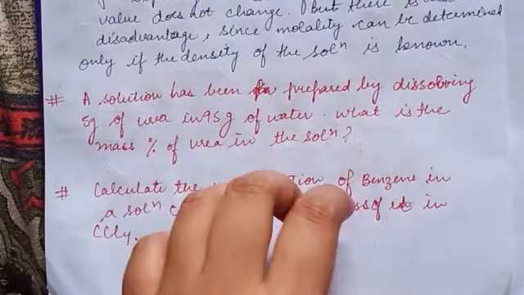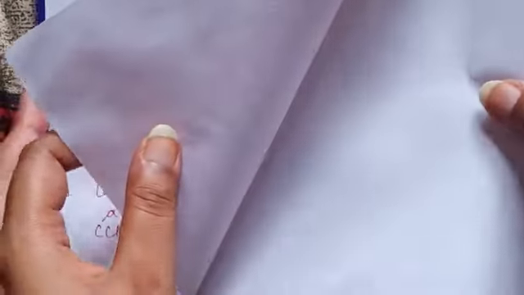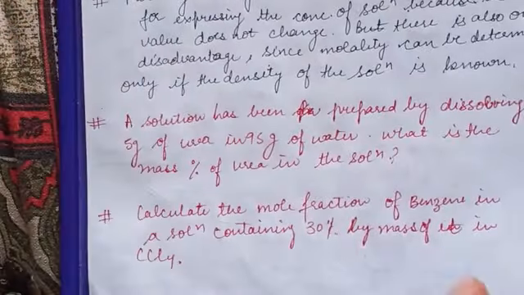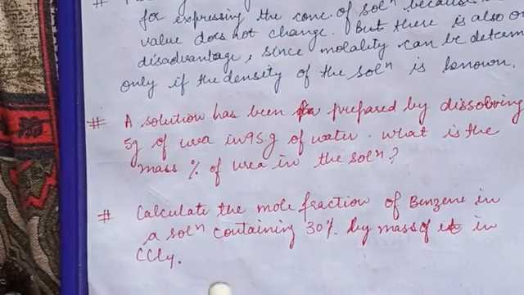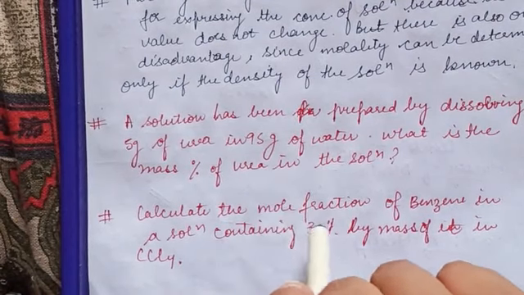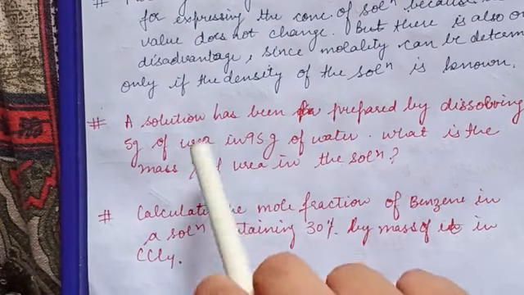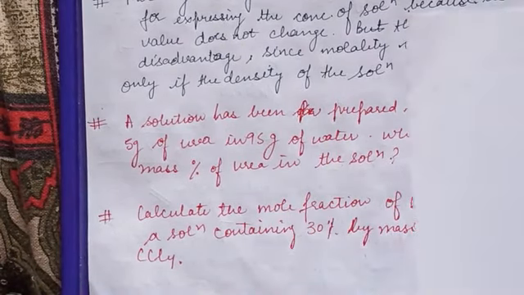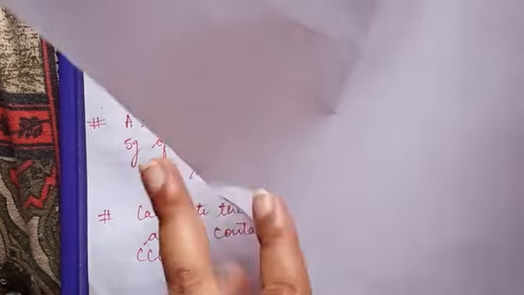Now the first question is, a solution has been prepared by dissolving 5 gram of urea in 95 gram of water. What is the mass percentage of urea in solution? How to attempt the question?